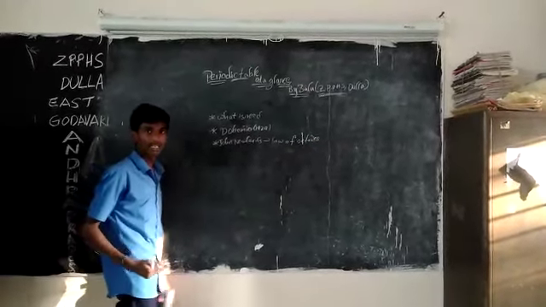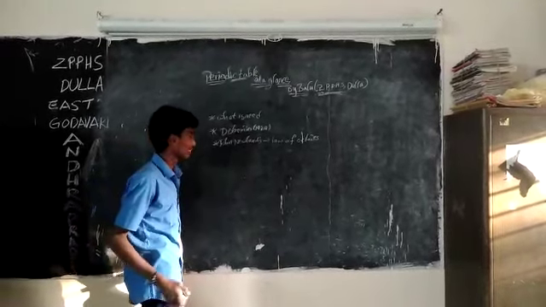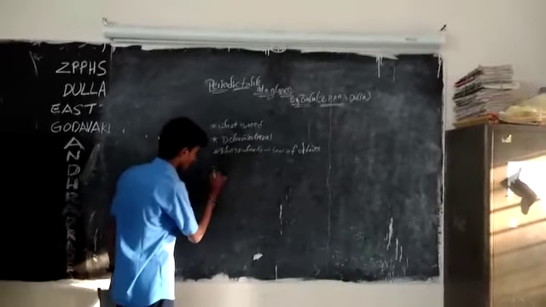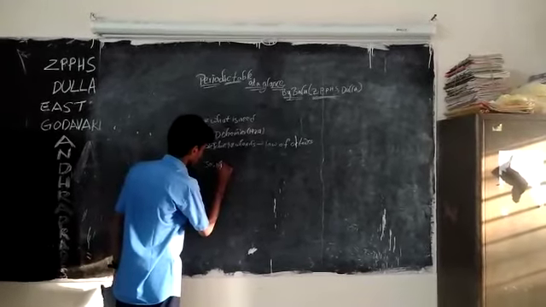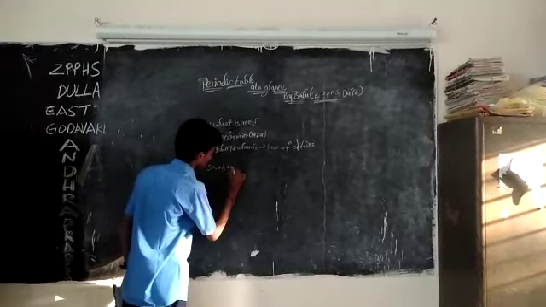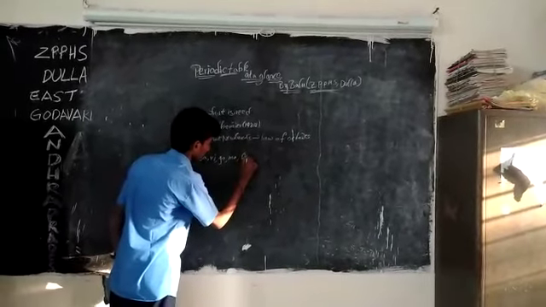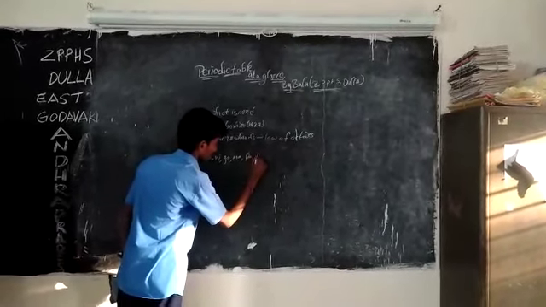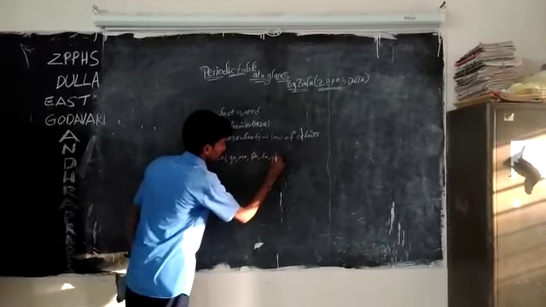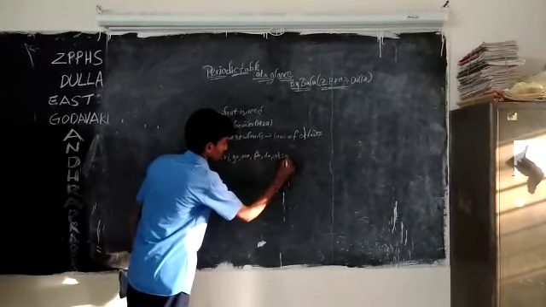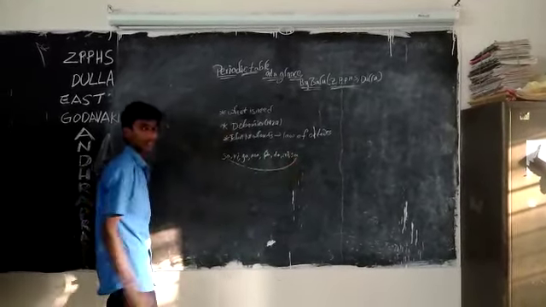The first element and the 8th element are chemically and physically similar, like Sa Re Ga Ma Pa. The first is similar to the 8th one.